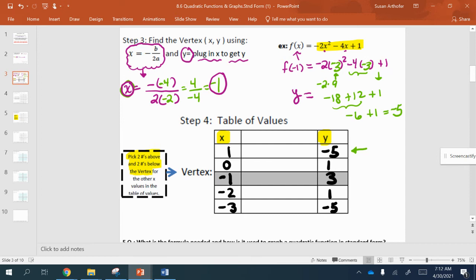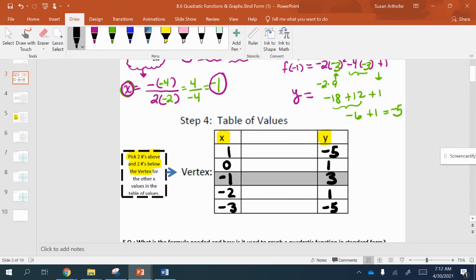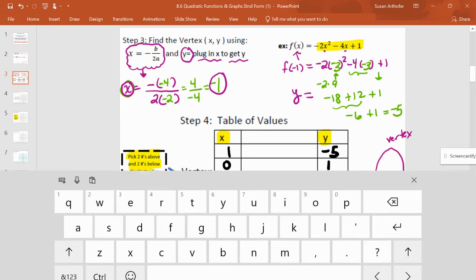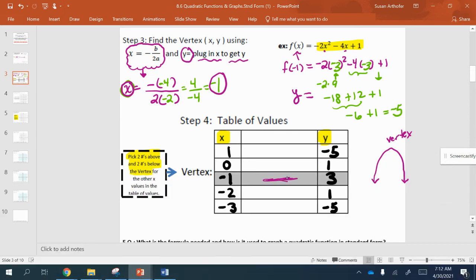The reason that happens, I'll show you in just a minute as I erase this. Just give me a minute, because I just want to talk for a second. Remember, this graph is going to open down. This is the vertex. So if we were to plot this point, left 1 up 3, we would make that dot. If we were to plot this dot, 0, 1, it would fall right here.